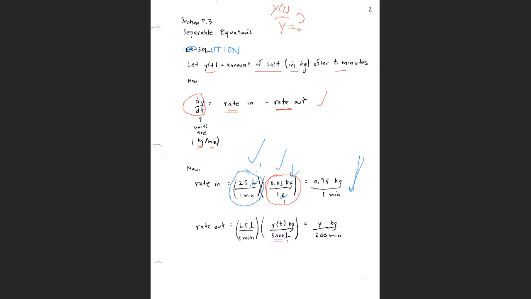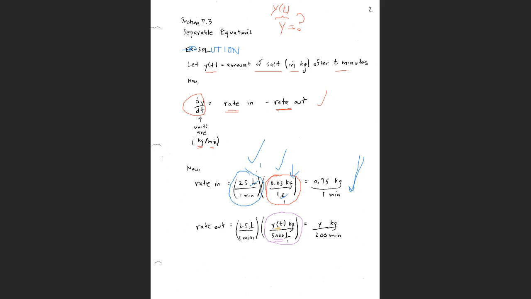So the concentration of the solution would be equal to whatever the salt content is at time t, which is y of t, divided by 5,000 liters. So the concentration of the solution leaving the tank is variable. It's a function of time.